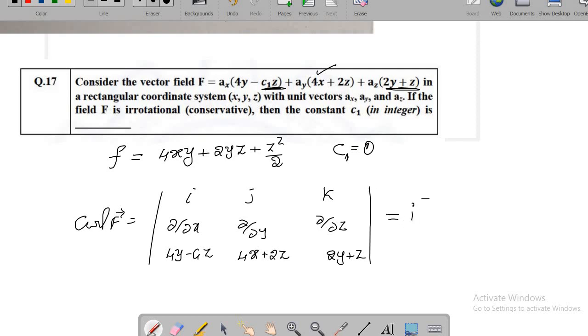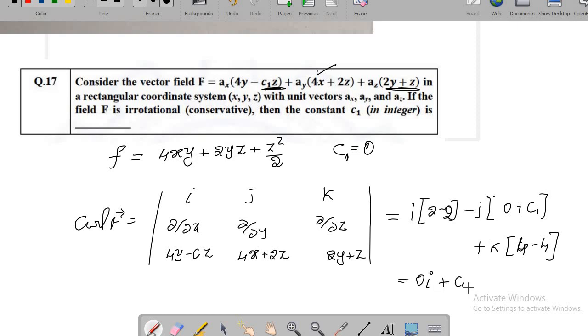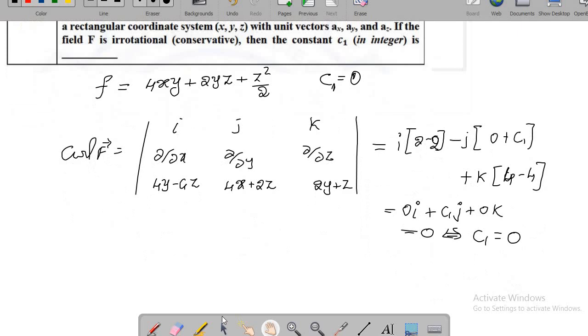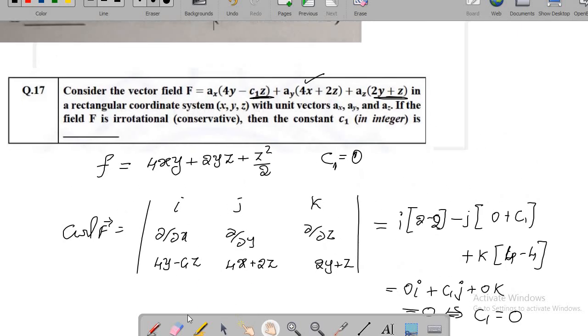Now this is equal to i times, you can see, 2 minus 2 gives you 0, minus j times, 0 minus 0, 0 minus C1, maybe positive C1, plus k times 4 minus 4, which gives 0i plus C1j plus 0k. So this can be 0 only when C1 equals 0. So therefore C1 must be 0.